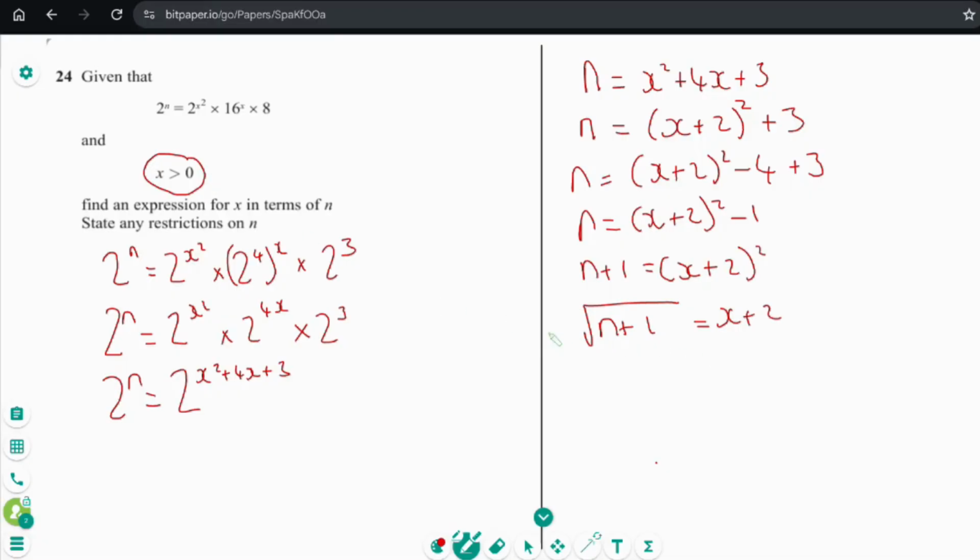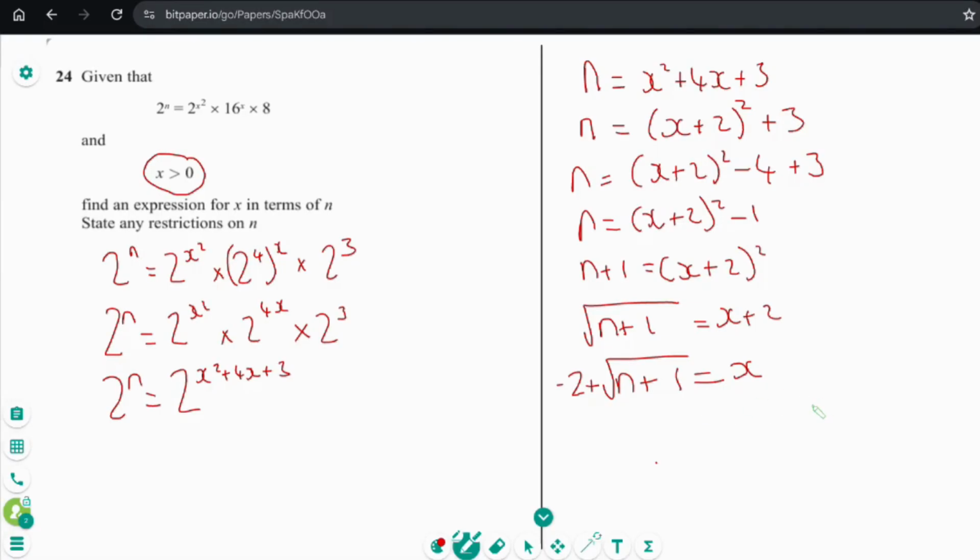So we actually only need the positive square root, not our negative answer. Now we need to subtract 2 from both sides. So we have an expression for x in terms of n.